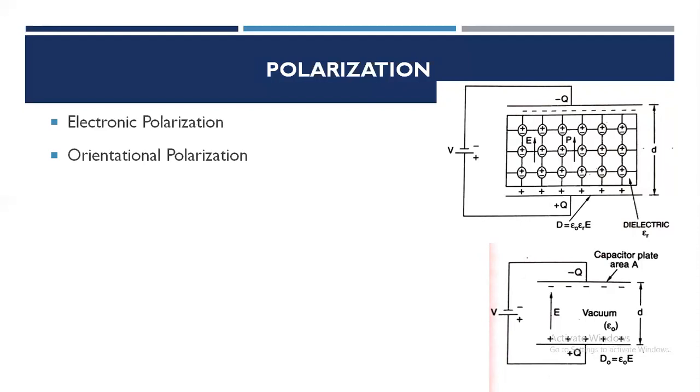Even with no external field applied, the dipoles are randomly oriented on a microscopic scale, and polarization is 0. The application of an applied field orients the dipoles in the direction of the applied field, which contributes to polarization. This polarization is known as orientation polarization.